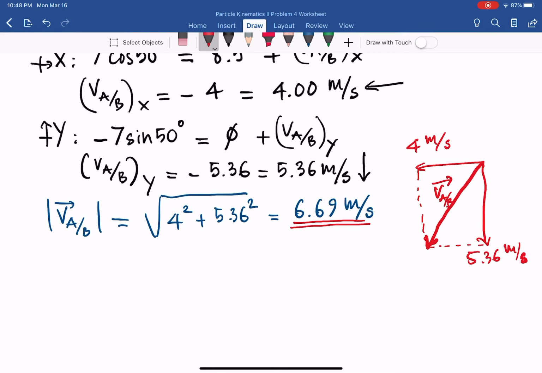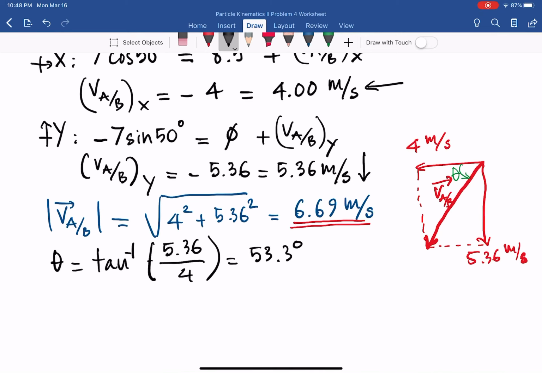To find that angle, we can find the angle theta from the negative x axis. Theta equals inverse tangent of opposite over adjacent, so 5.36 divided by 4, and the angle is equal to 53.3 degrees.